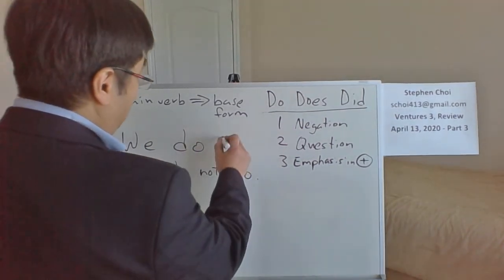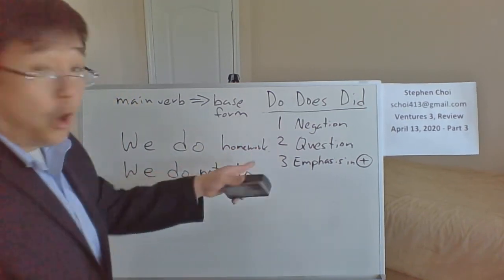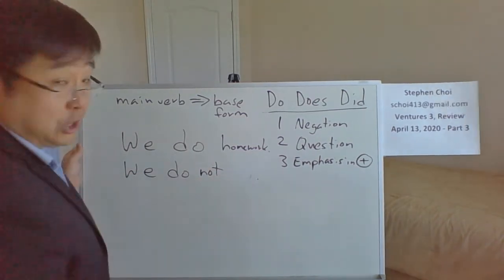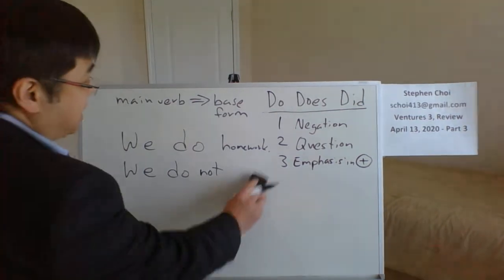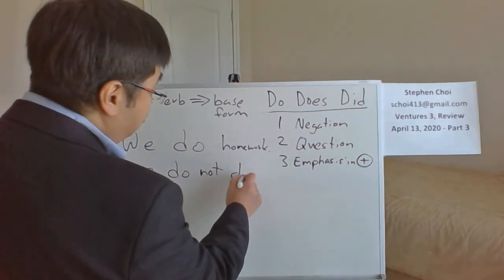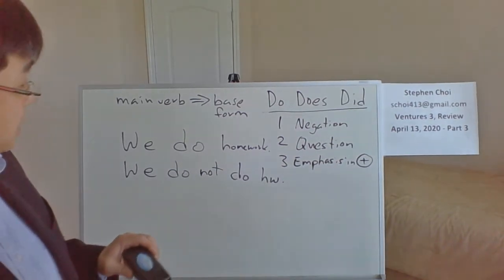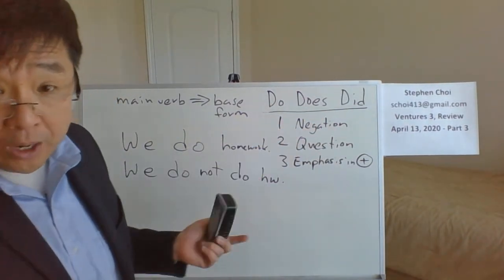Let's say homework. Okay, we do homework every day. If you say we don't homework every day, we do not homework every day, no, you gotta say we do not do homework every day. So even do needs do, does, did. That's the point I'm trying to make.